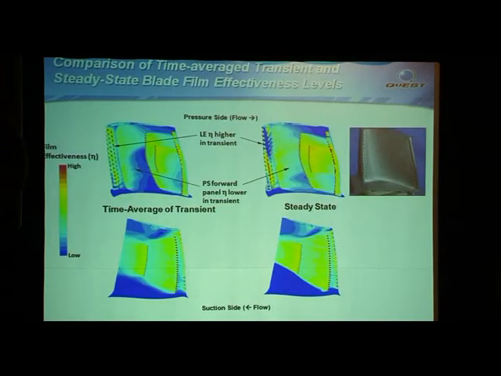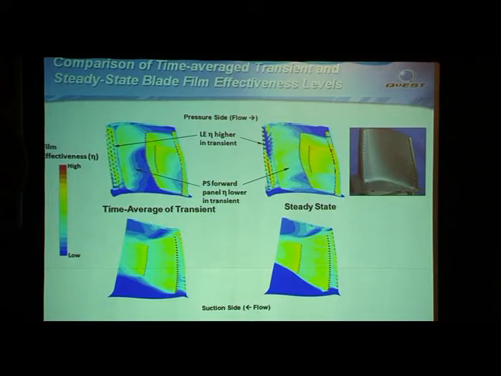When you take those pictures and you time average the transient analysis, that's these pictures over to the left, again, you can see that on the suction side of the airfoil, maybe you're in pretty good shape with a steady state analysis. On the pressure side of the airfoil, there was actually a large difference noted in between the transient and the steady state calculation.